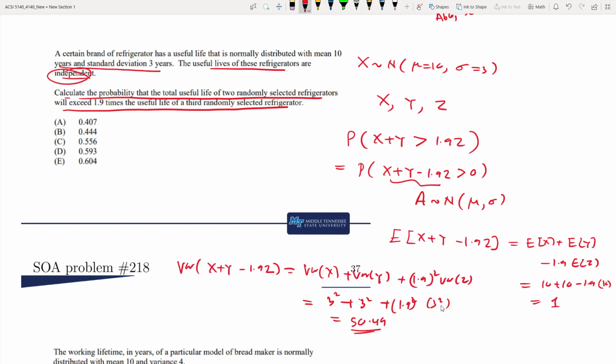So now let's calculate the probability. The probability that A is positive: that's the probability of A minus mu, that is 1 divided by the square root of 50.49, and 0.1 divided by the square root of 50.49. That's that probability.